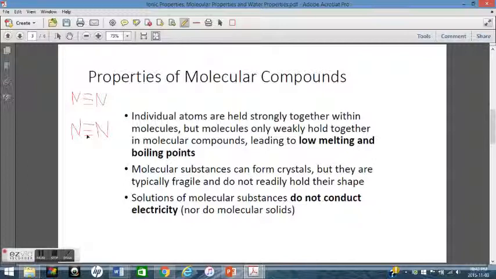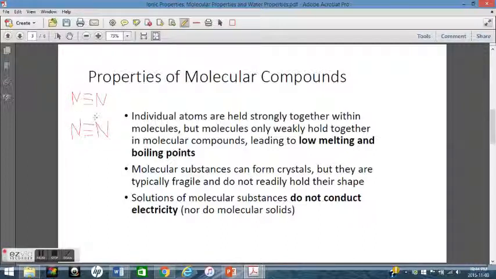Now, between the 2 nitrogen atoms in each of these molecules, they're held very strongly together. It's difficult to break this set of bonds here. To do anything to get this to break apart is going to be challenging. It's not going to happen easily.